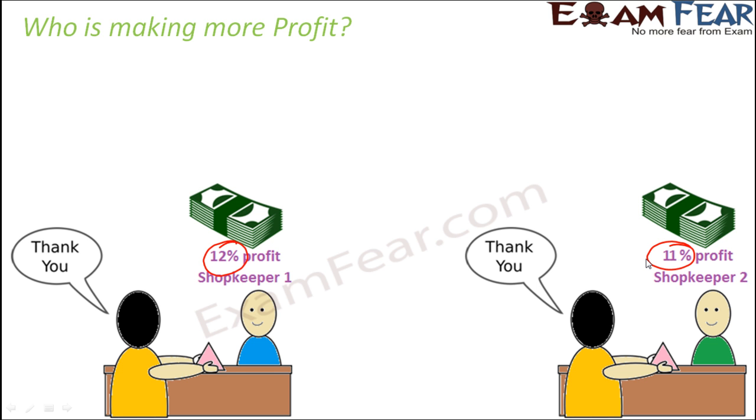However, in this chapter itself, we are going to talk about profit percentage in more detail. So there you will understand what exactly is profit percentage. Now here in this example, if this is the data given to you, that shopkeeper 1 makes 12% profit, shopkeeper 2 makes 11% profit. Now if you are asked that who is making more profit, 1 or 2? So what will you compare?